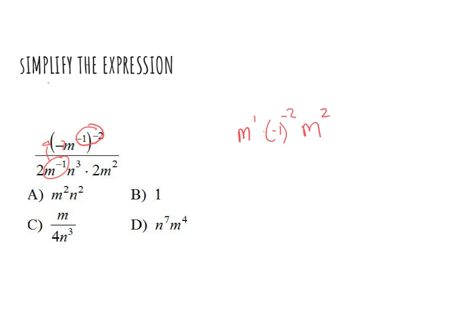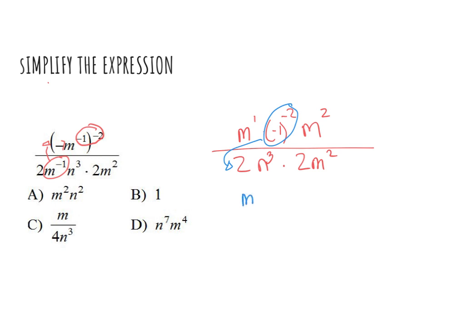And the reason I multiplied this double negative power first is because I knew it was going to give me a positive number, and switching it down would make me have to bring it back up anyway. I'm going to keep everything else the same. So 2m to the 3rd, 2m to the 2nd. And then this -1 is being raised to the 2nd power. This is going down here.